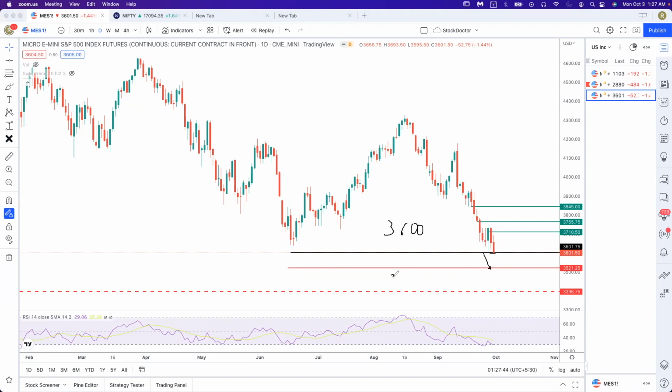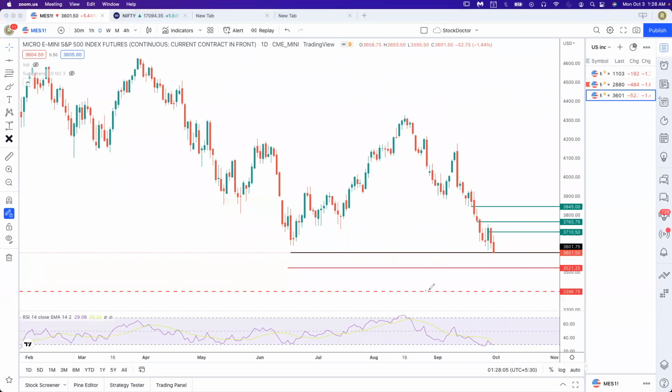If we start closing below 3520 and sustaining below that, then we are coming towards 3400, which is 120 points down.